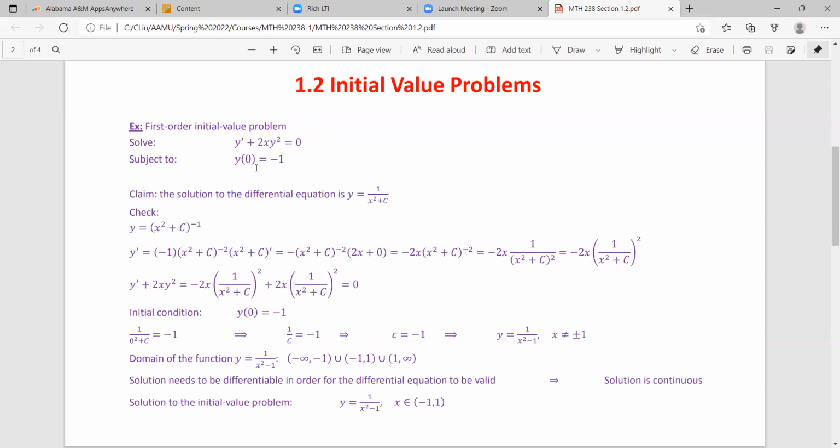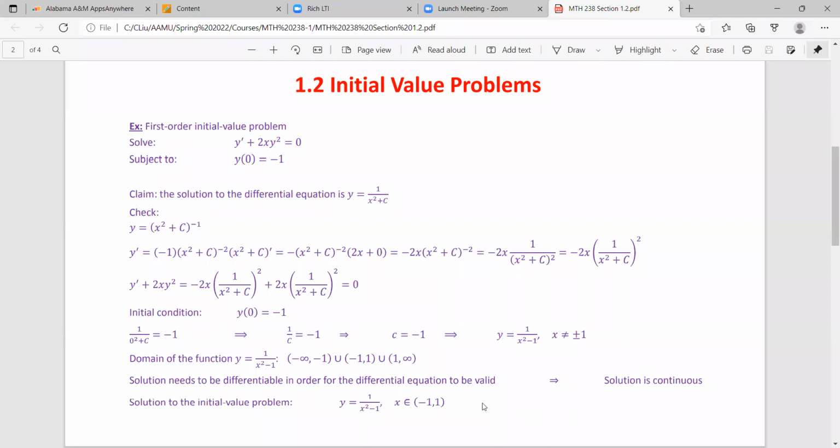So the domain of the solution only includes the part from -1 to 1, not including -1 and 1 themselves at the boundary.